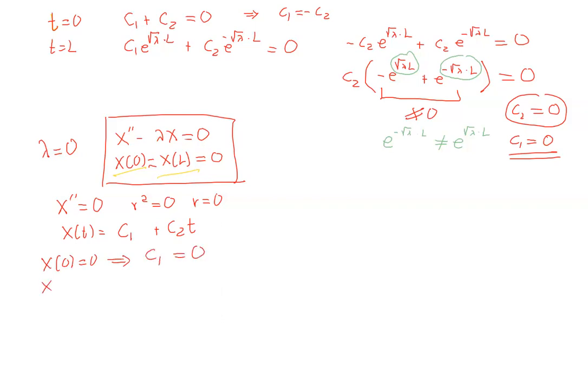And x of L equals 0 translates to what? C1 plus C2 L is equal to 0. But do you see how these conditions now imply that both C1 and C2 are equal to 0? Okay, so that's trouble again. This simply doesn't work here.